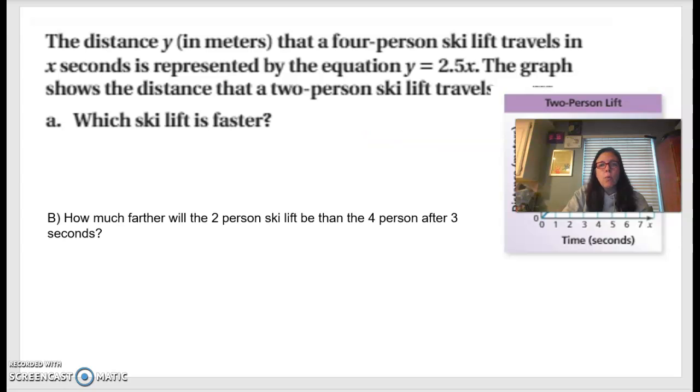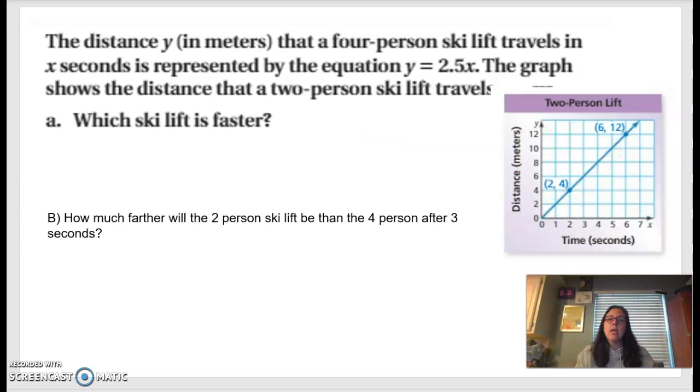Okay, the distance y in meters that a 4-person ski lift travels in x seconds is represented by the equation y equals 2.5x. So they gave you the equation here. The graph shows the distance that a 2-person ski lift travels. So this one is the 4-person, and it's y equals 2.5x.